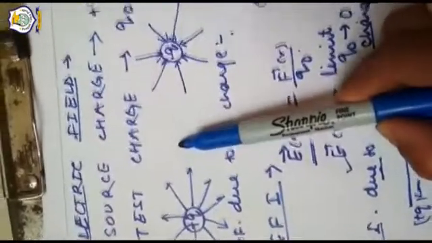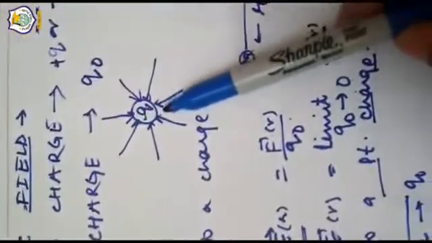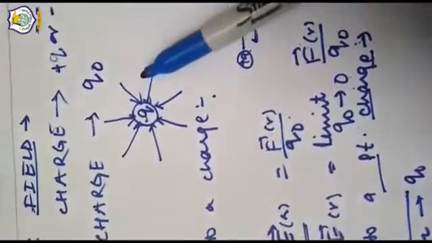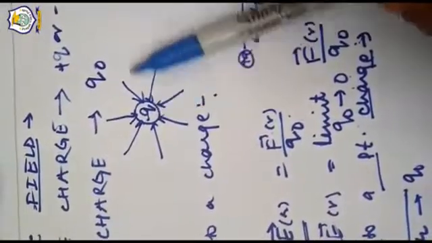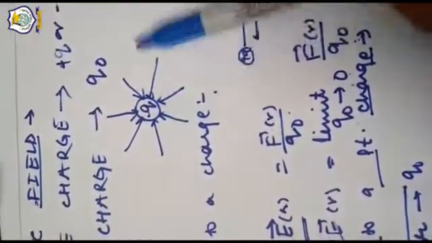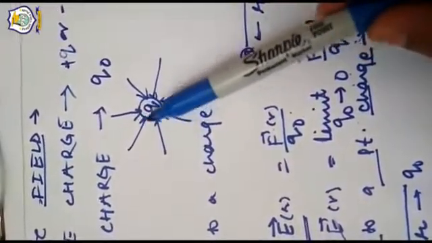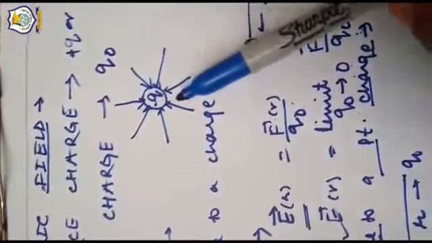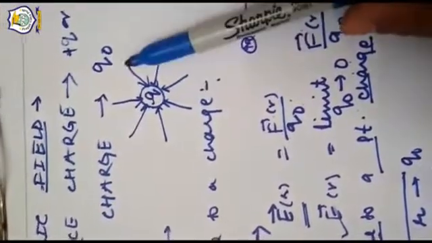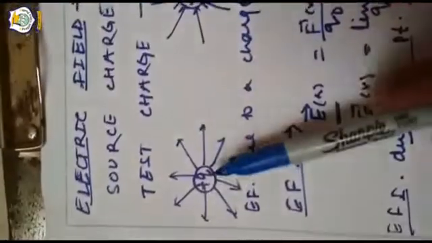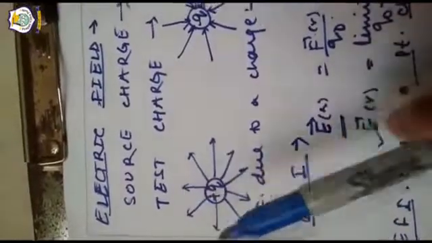Similarly, if any charge Q naught is placed near to minus Q, then it is attracting that charge. So what will be the direction? It will be inward. So just remember, minus Q means inward, plus Q means away, outward, right?